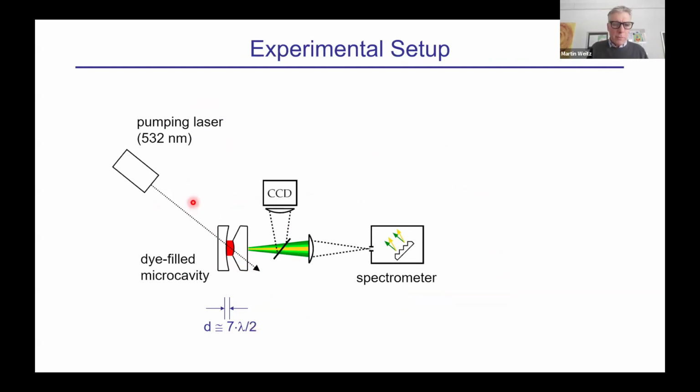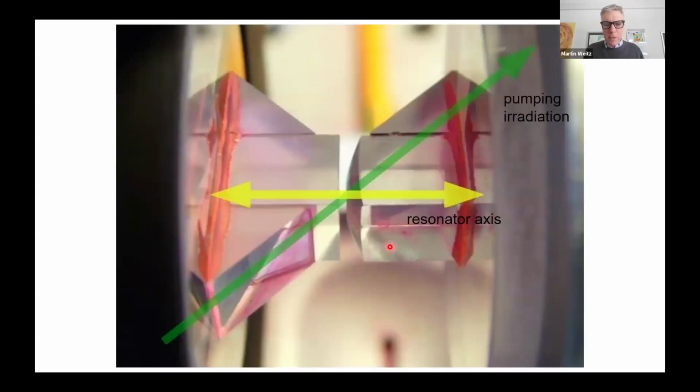And we do not pump with a broadband source, but with a laser, which is narrowband. And we analyze the light that leaks out of the microcavity, both spatially with a camera and spectrally with a spectrometer. And this is a photo of the heart of the experiment, the microcavity.